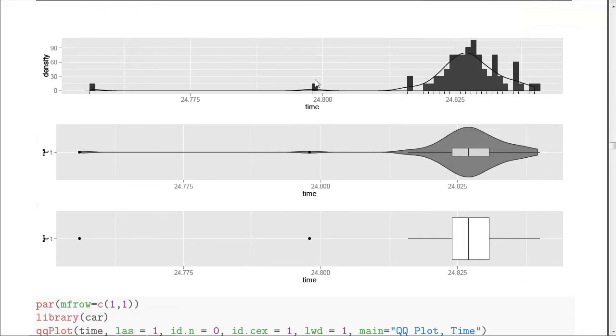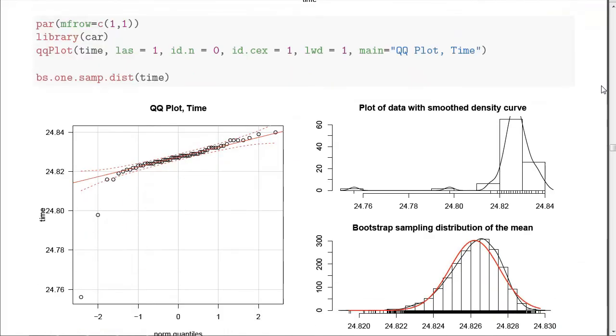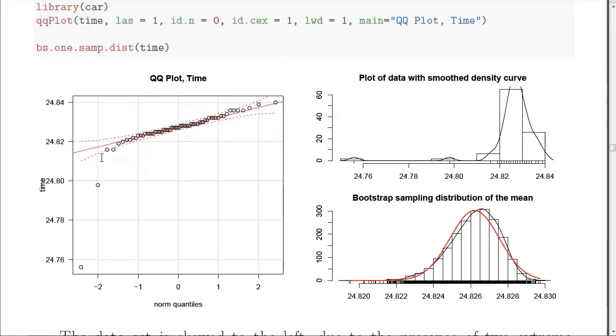If I could find a reasonable explanation for why they are systematically different from the conditions for the rest of them, then I would remove them. But if not, I would probably keep them as part of the experimental data, because that's part of the evidence that I have. Looking at the QQ plot on the left, you can see those two observations being very different from normal.